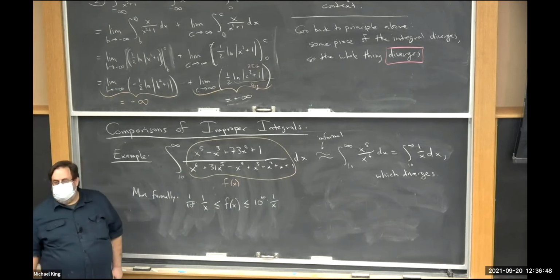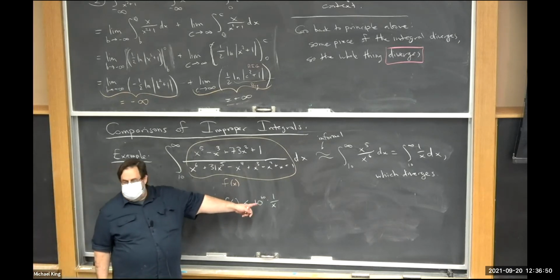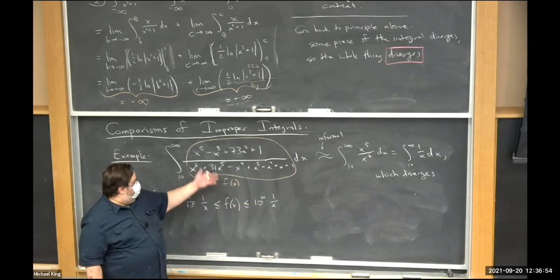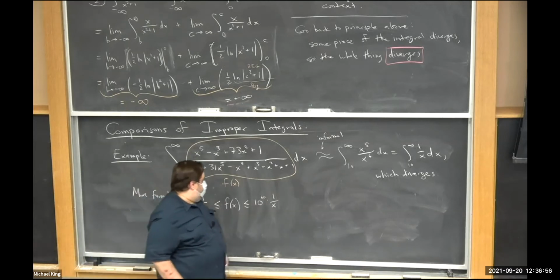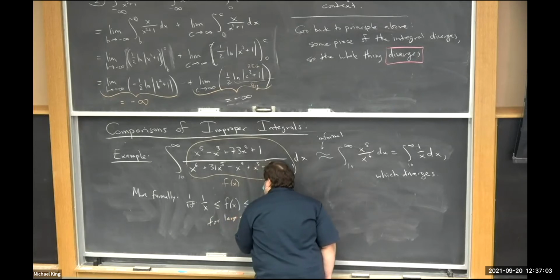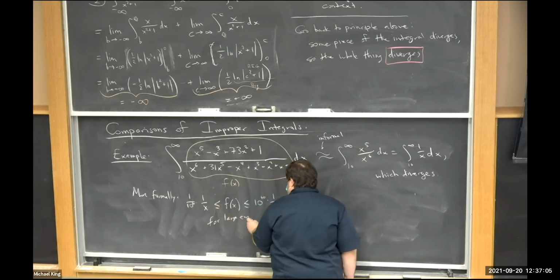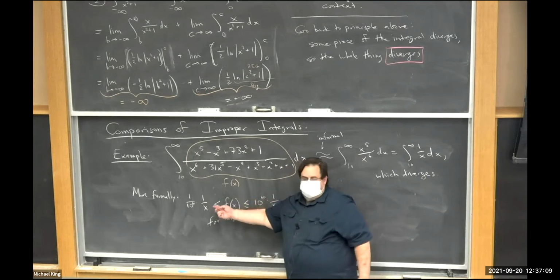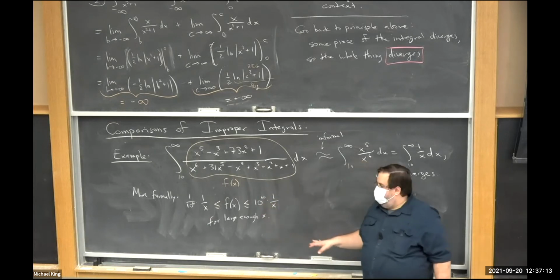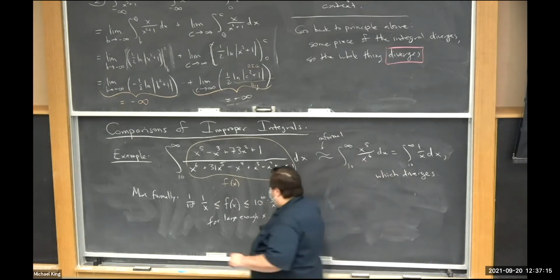I'm picking just a ridiculously huge constant here, because for small values this may not be true, but for large enough x, and probably 10 is large enough. There's a huge discrepancy between these two functions, but they all go to 0 as x gets larger and larger. Here I have the 10 to the 10th on the bottom.